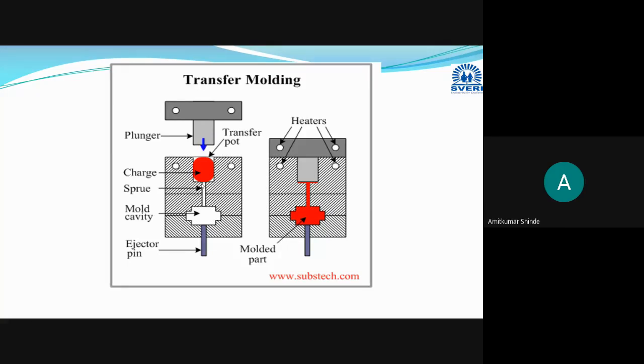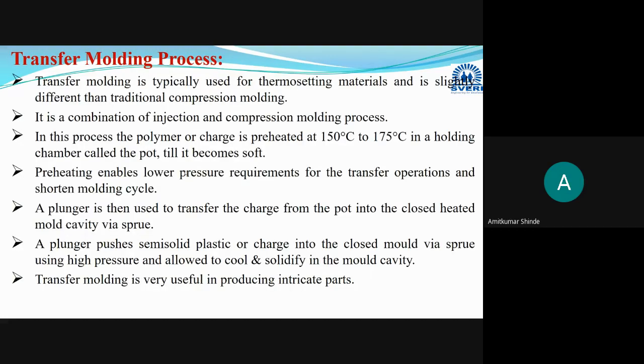Generally the heating temperature range is 150 degrees Celsius to 175 degrees Celsius. So this is the basic concept, and all that I have collected in this first slide, explained in short.